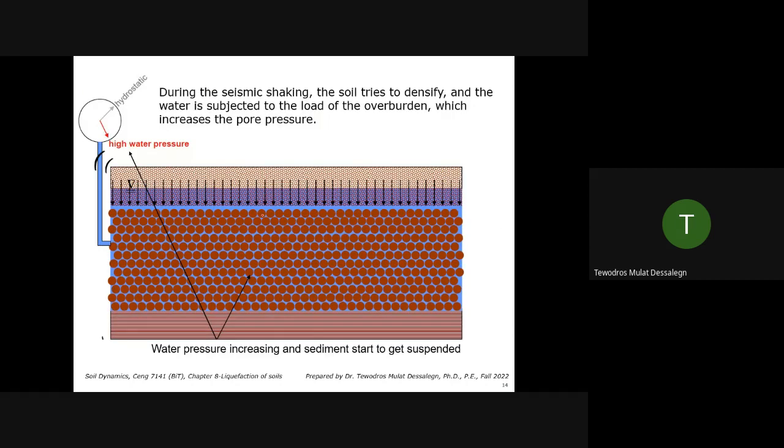Water pressure goes up and the overburden is also trying to come down. It's compressing even the water. We may have some good material at the top. During the seismic shaking, the soil tries to densify and the water is subject to the load of the overburden, which increases the pore water pressure further.